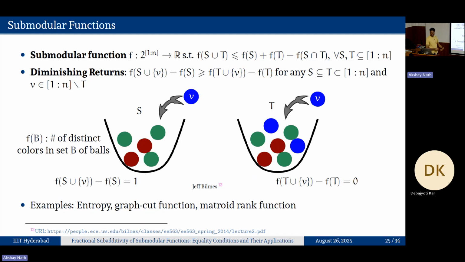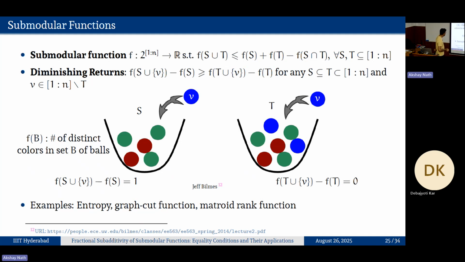For example, for all S subset of T, f of S union B minus f of S is at least f of T union B minus f of T. T has more elements than S, so adding more elements is not very beneficial in some sense.